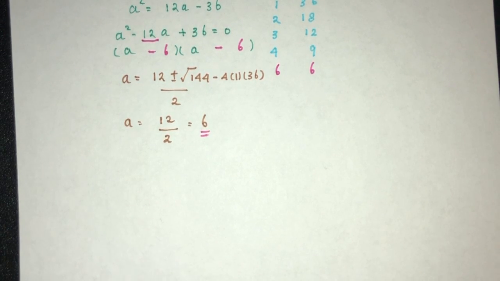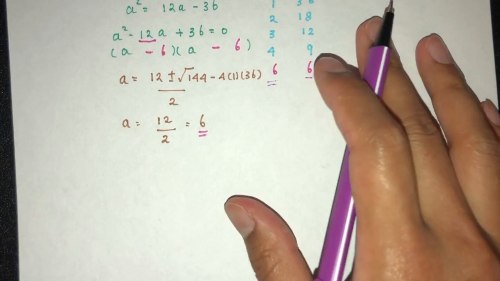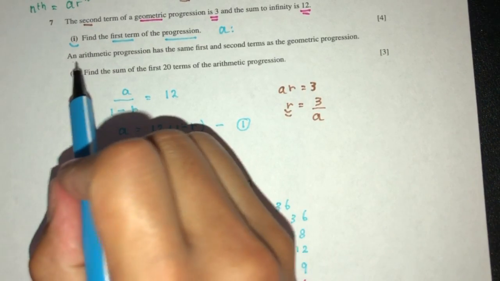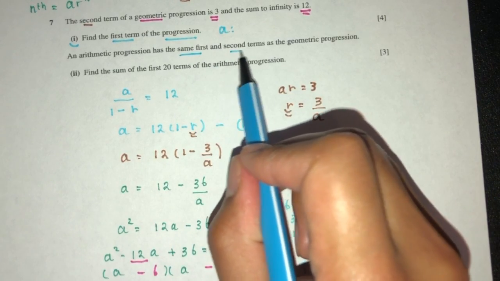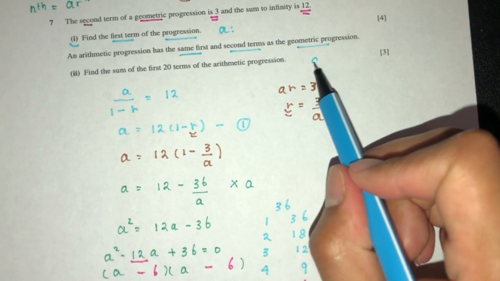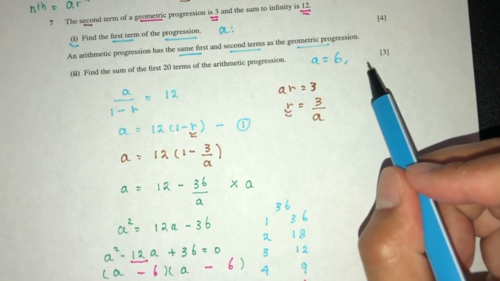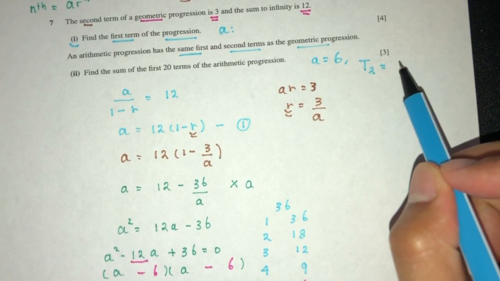Now let's move on. So here we have 6 done, the value of a. That's part 1. For part 2, we have an arithmetic progression with the same first and second terms as the geometric one. So the first term is 6, and the second term is equal to 3.